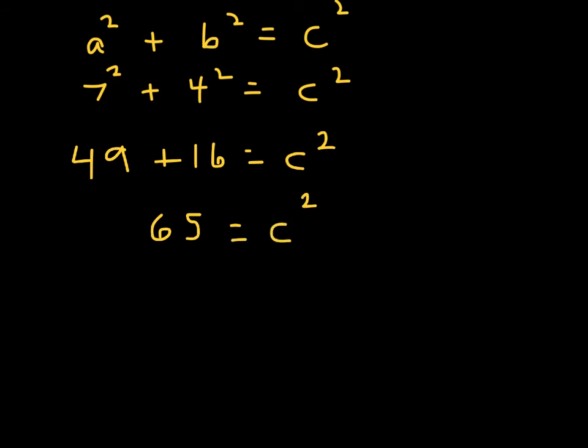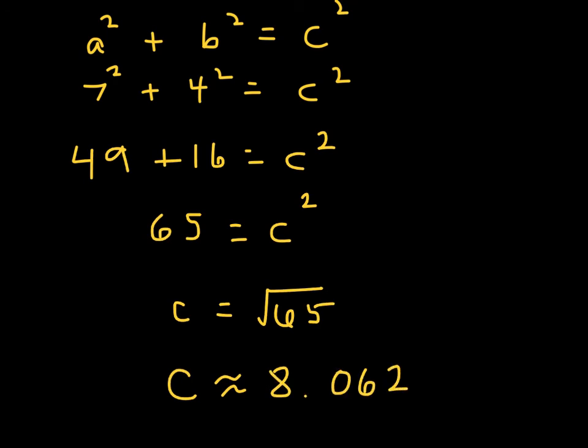Now, taking the square root of both sides, we find that the hypotenuse is exactly equal to the square root of 65 units. An approximation to 3 decimal places, you can use your calculator to find that this is 8.062 units. Now, they did not give what the units are measured in, centimeters, meters, inches, yards, feet, so we just say units.